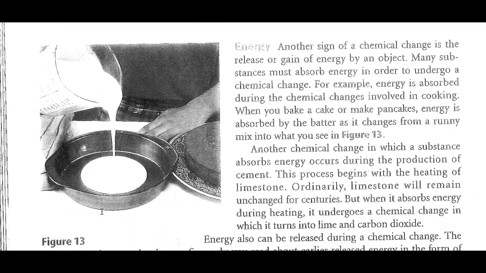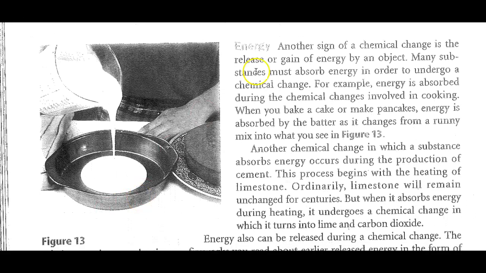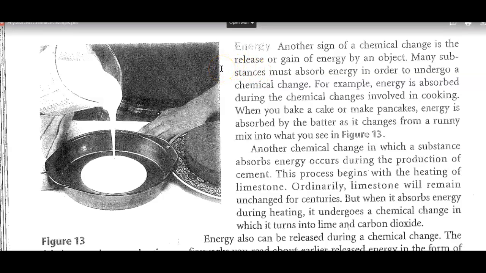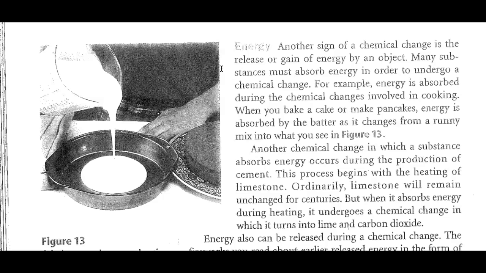Energy. Another sign of a chemical change is the release or gain of energy by an object. Many substances must absorb energy in order to undergo a chemical change. For example, energy is absorbed during the chemical changes involved in cooking. When you bake a cake or make pancakes, energy is absorbed by the batter as it changes from a runny mix into what you see in Figure 13.